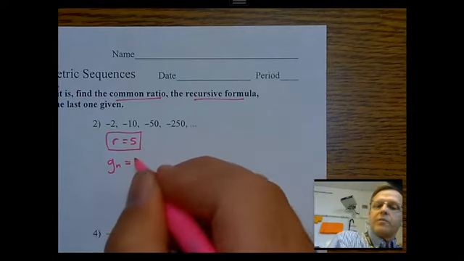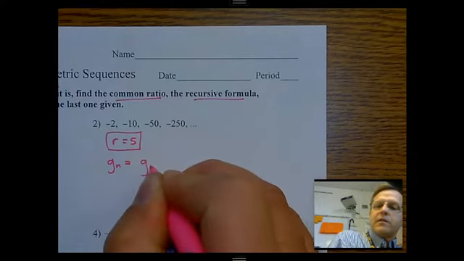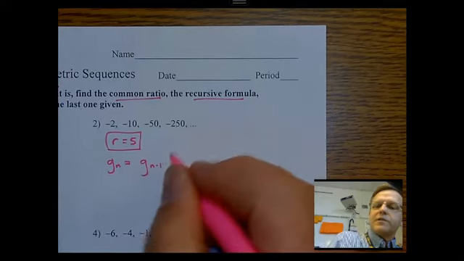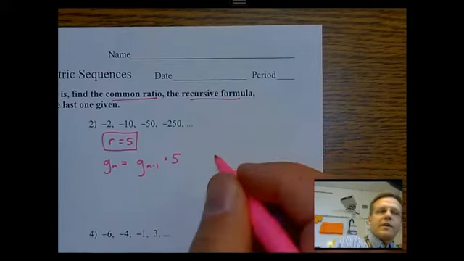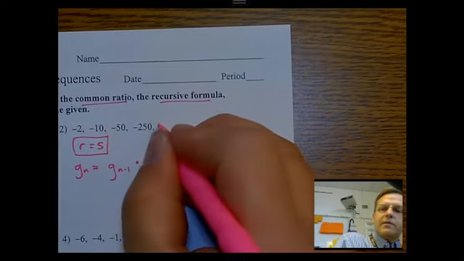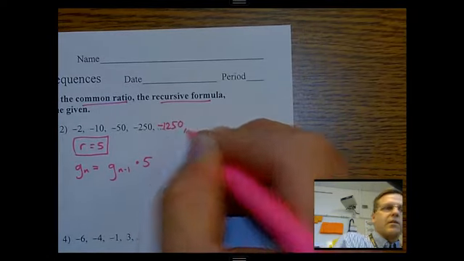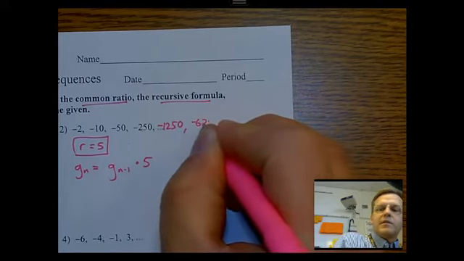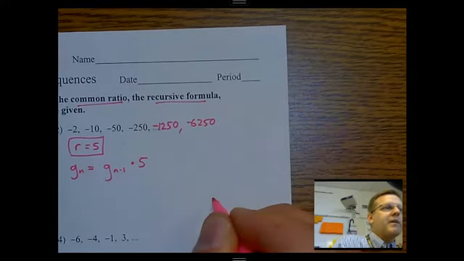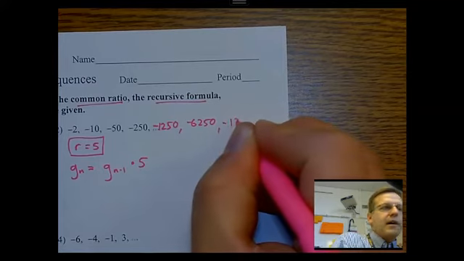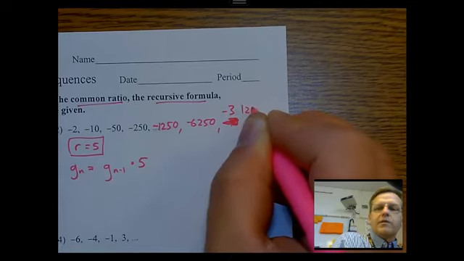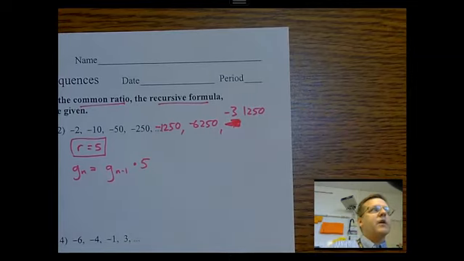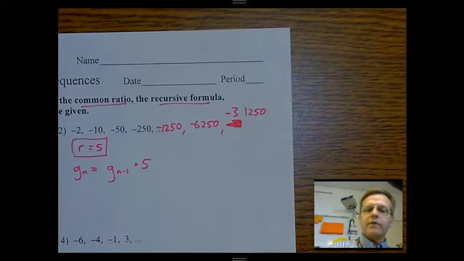So go to the term next door, the left term, and multiply by 5. And what are the next three terms? Well, these are kind of big. 1250, 6250. You're just multiplying by 5. I can't do these in my head. I already did them ahead of time. Oops, did that one wrong. -31,250. Again, you have a calculator for that. Go ahead and use that.